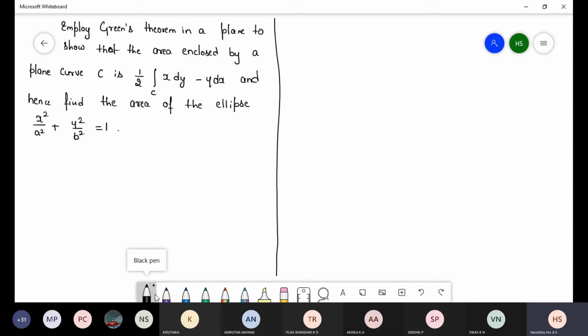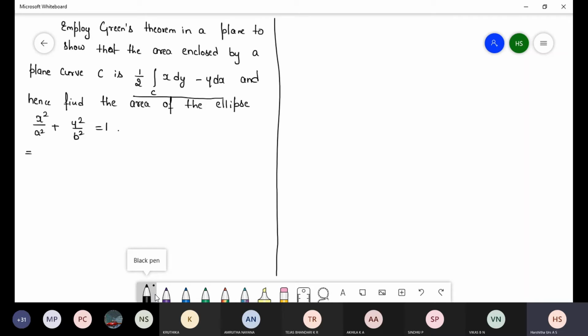But at that time, we have to write this curve by ourselves. This is the area of the plane curve. So keep it in your mind. If they do not give this curve, we have to write it, because it is the area enclosed by a plane curve. This is the equation of the curve.